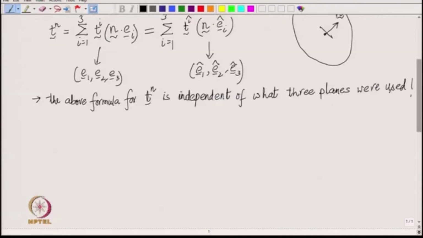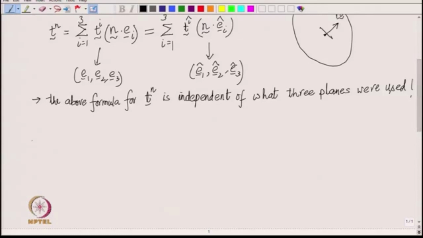Okay. So, let me write down this formula, but in a slightly different way. What we have here is Tn equals the sum over i equal to 1 to 3 of Ti times n dot Ei.